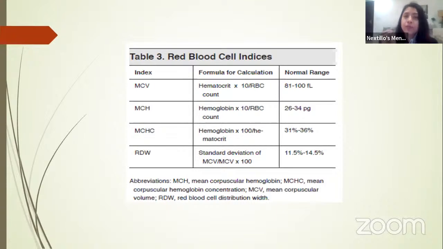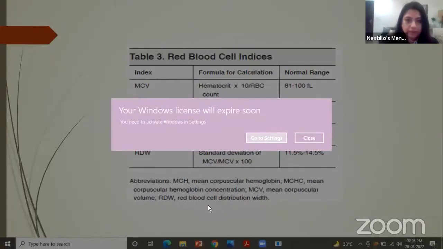Whereas if we have smaller cells, medium-sized cells, and larger cells, we'll get a wider graph. That is what is called RDW. The higher the RDW, the more shapes and sizes of RBCs in this particular sample. The normal range is 11.5 to 14.5%.